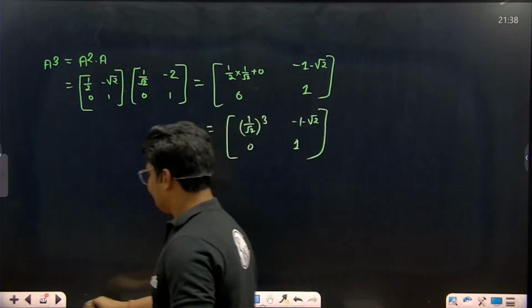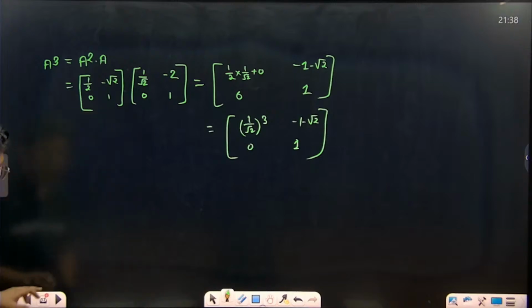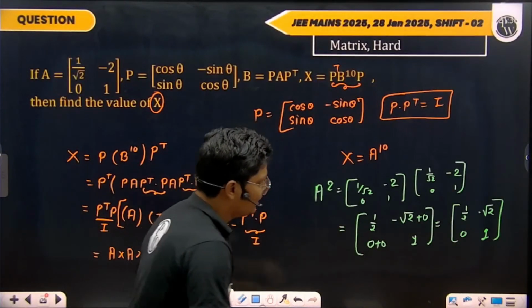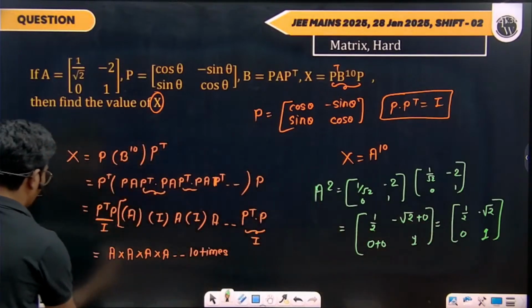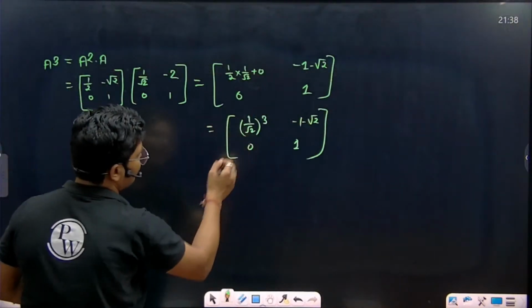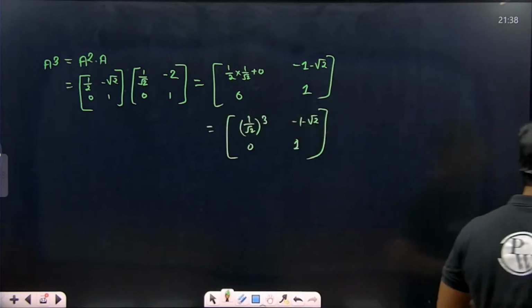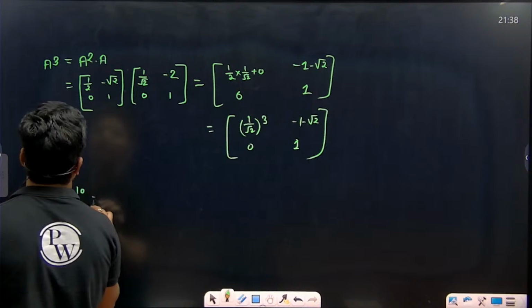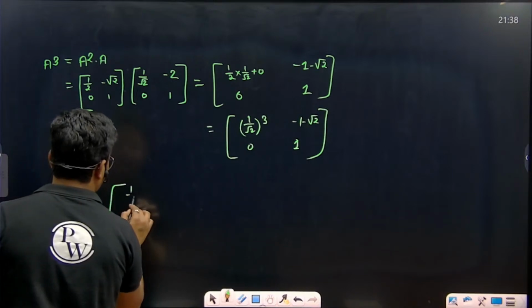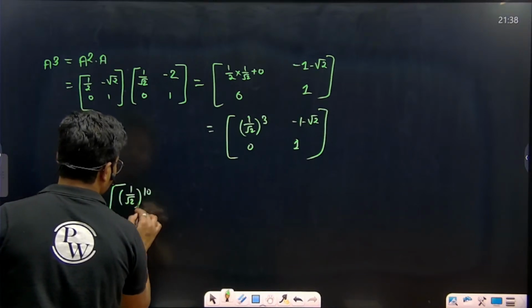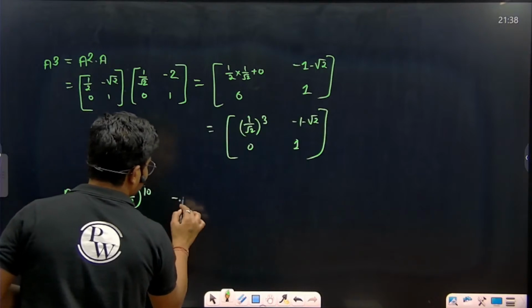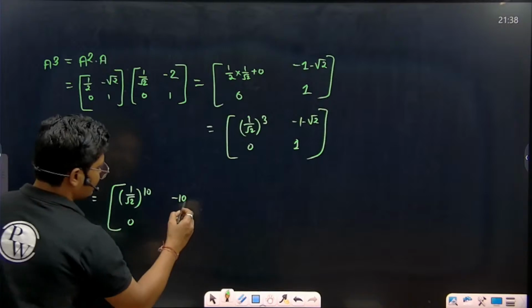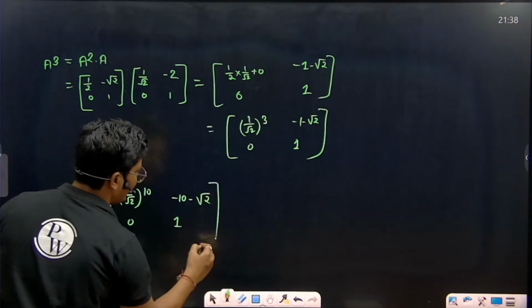So the pattern is, for A square we have root 2 the square, and for A cube we have 1 by root 2 cube. So now if I find the value of A10, this will become 1 by root 2 to the power 10, with 0, 1 and minus 10, and minus root 2.